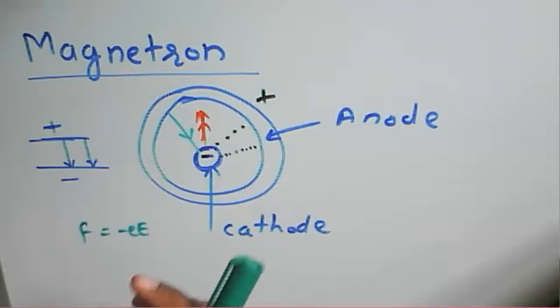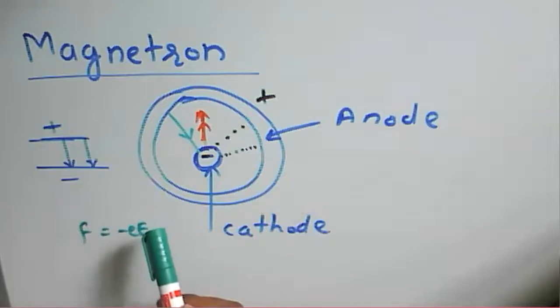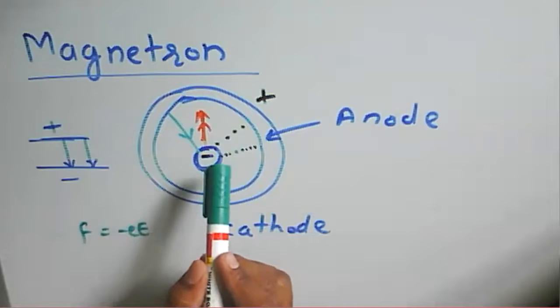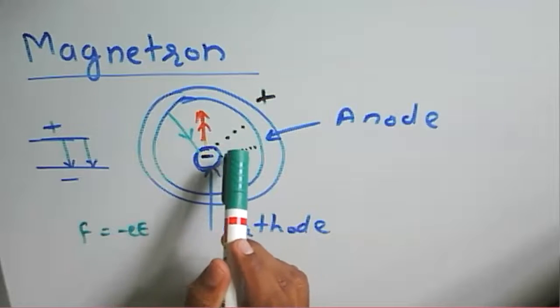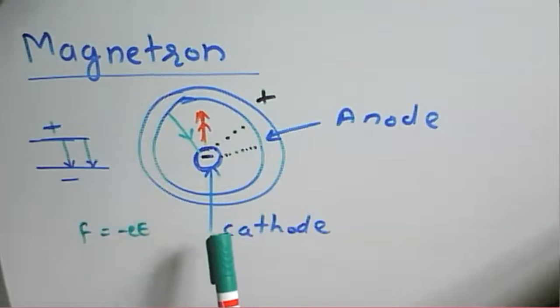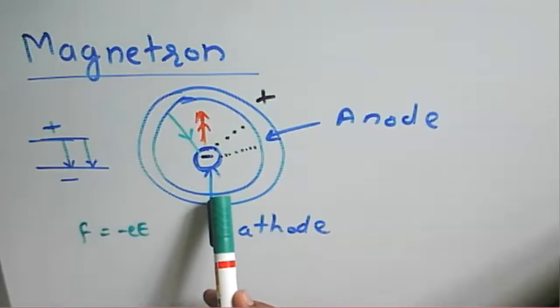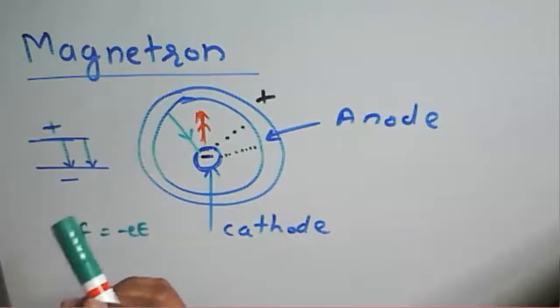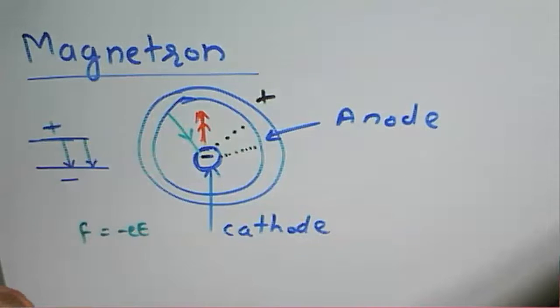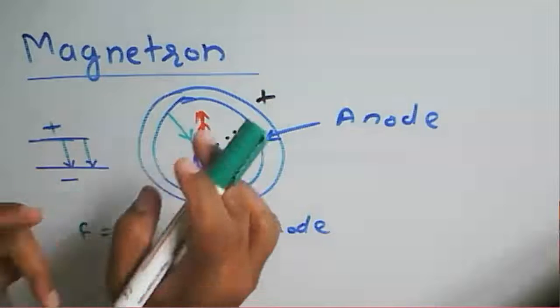That is the tendency of electrons to move from the negative and be attracted toward the positive potential, the anode. But the field emanates from the positive and terminates at the negative. That is the force exerted by an electric field on the electron.